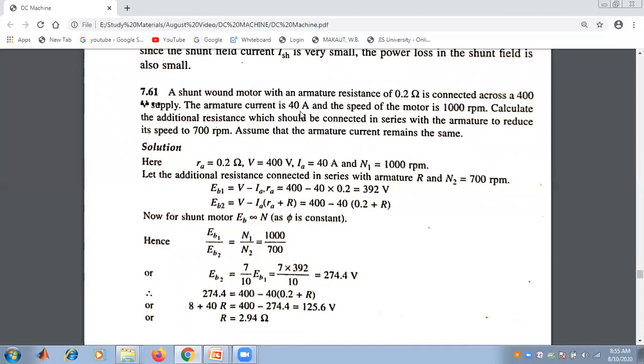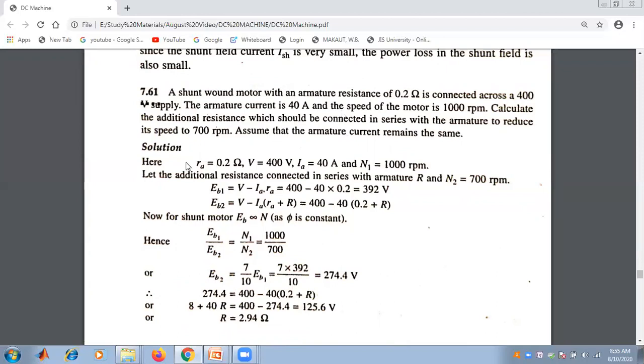The armature current is 40 ampere and the speed of the motor is 1000 rpm. Calculate the additional resistance which should be connected in series with the armature to reduce its speed to 700 rpm. Assume the armature current remains the same.